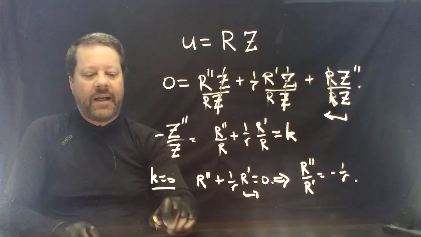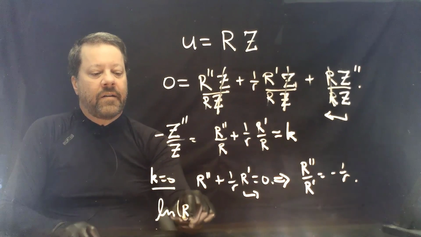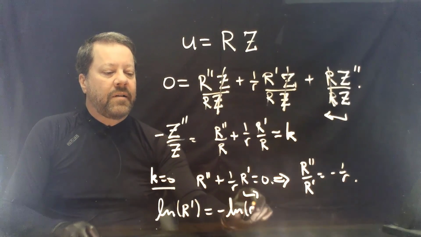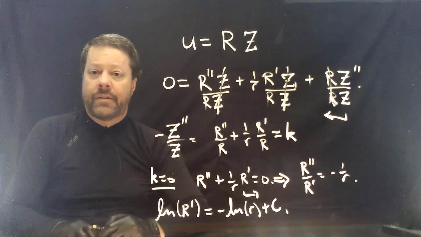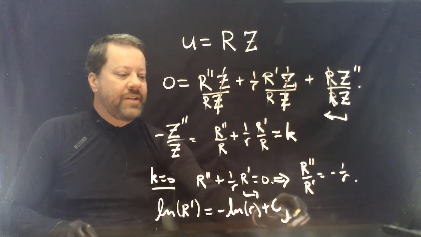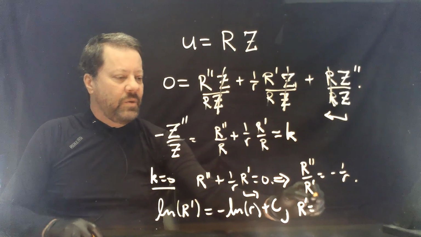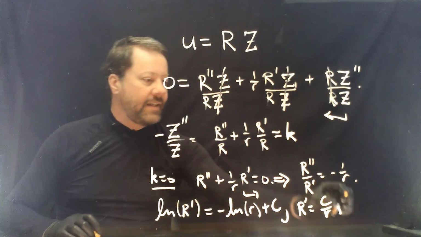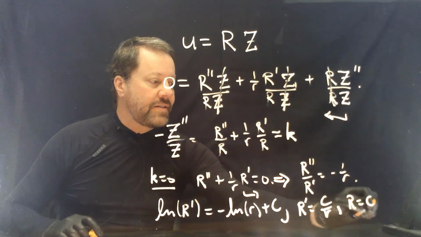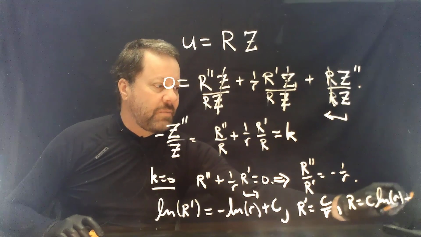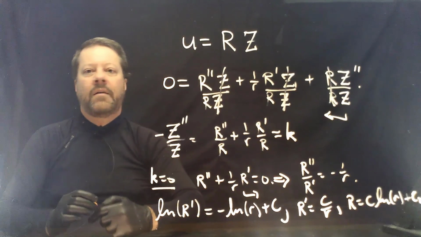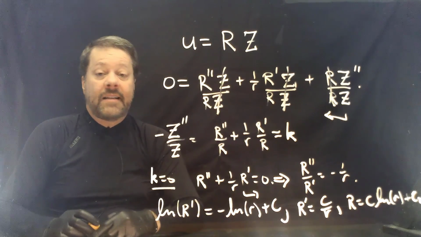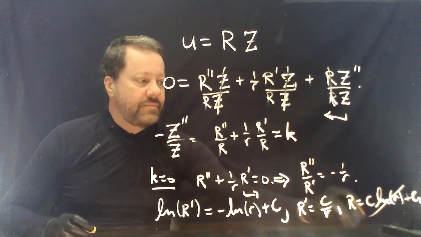Integrating, we'll have the log of R' is equal to minus the log of r plus some constant of integration. So exponentiating, R' will be some constant divided by r, and then we integrate again. R is a constant times the natural log of r plus some other constant. You can see that this has a singularity at r equals 0 and hence is thrown out on physical grounds.